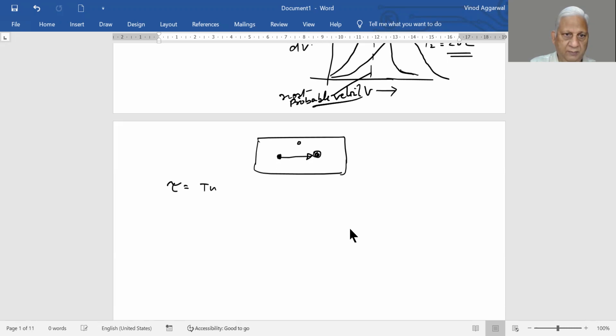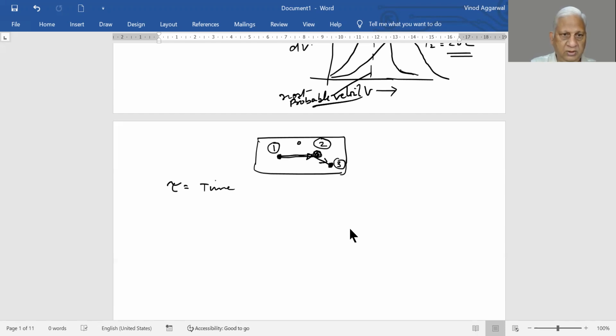Tau is the time. See, this particle may hit this atom or molecule may hit another one here. Then after hitting, it may take another path. So now this is particle P1. It hits particle or molecule 2. Then it goes this way and hits another atom or molecule 3. So the process goes on.